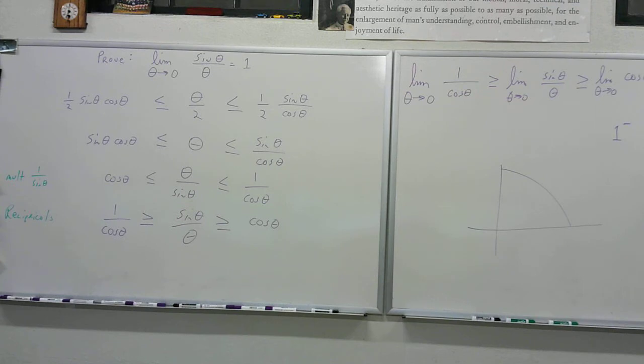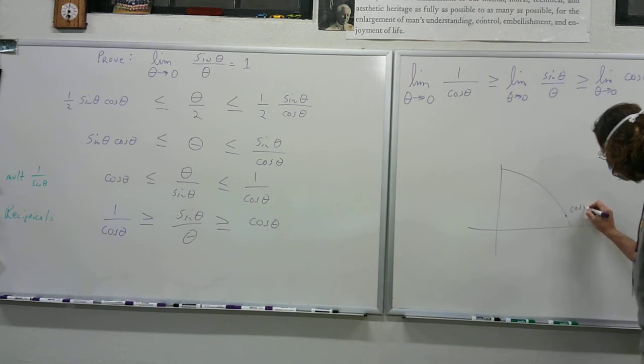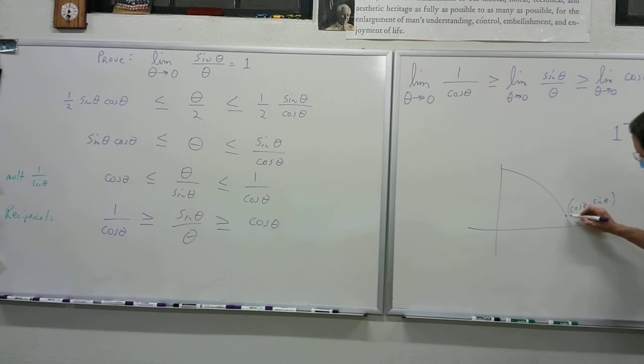Cosine's never bigger than 1, is it? See, and as you get down here, remember the cosine is the x value, right? Cosine theta, comma sine theta. As theta gets closer and closer to 0, and you move down here, your cosine is 0.9, 0.999, 0.99999. It's getting closer to what? 1. But it's getting closer to 1 from numbers that are smaller than 1.